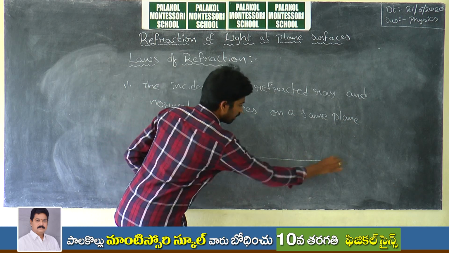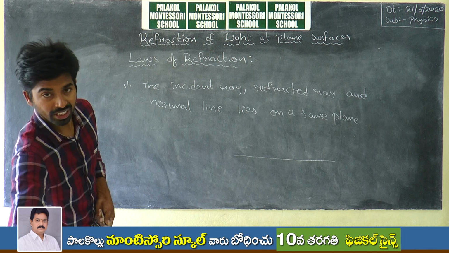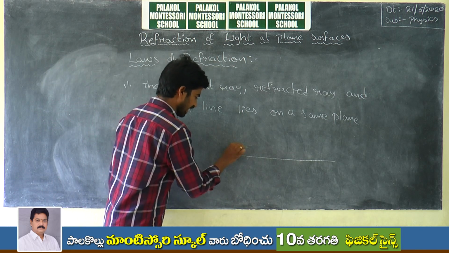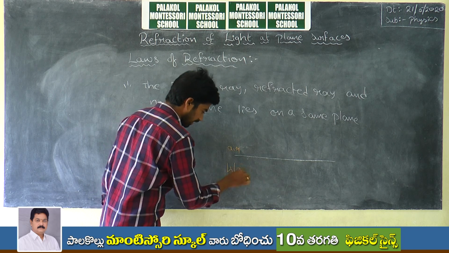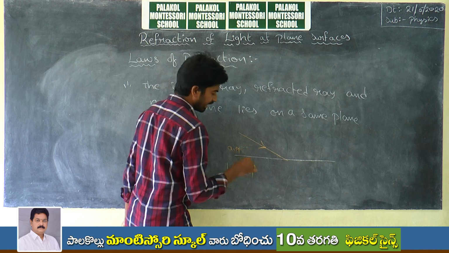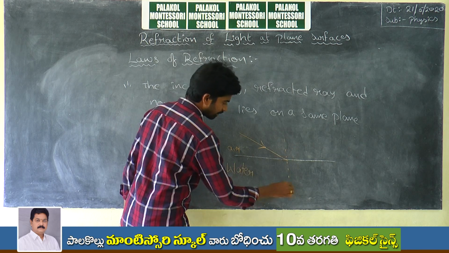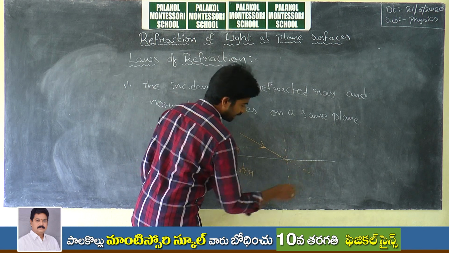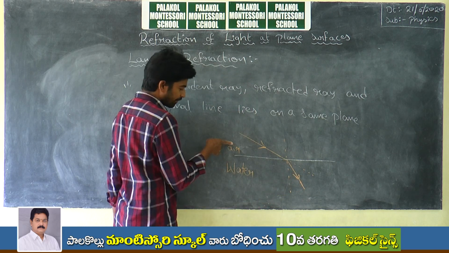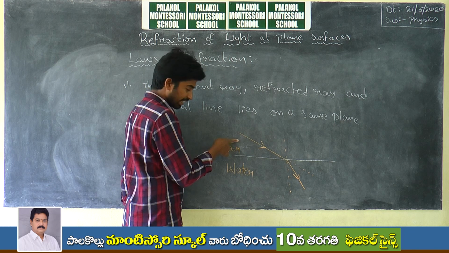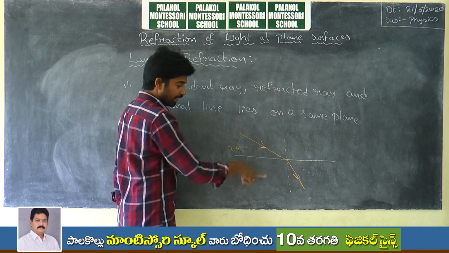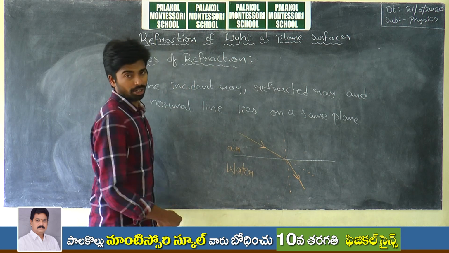Here, this is the boundary separating the two mediums. Let us consider one as air and another as water. If you incident the light on it, this is the normal line, the actual path of the light ray. It will bend towards the normal when it travels from rarer to denser medium. The light is traveling from rarer to denser medium, so it bends towards the normal.